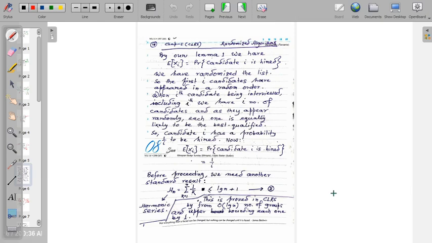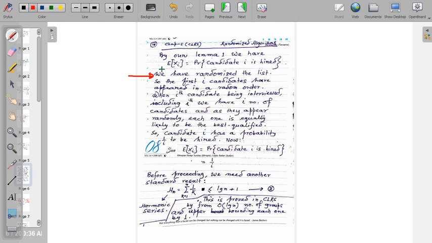And in that order, whatever the order is after randomization, we interview each and every candidate.